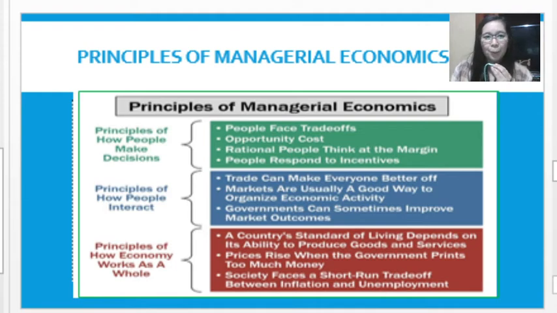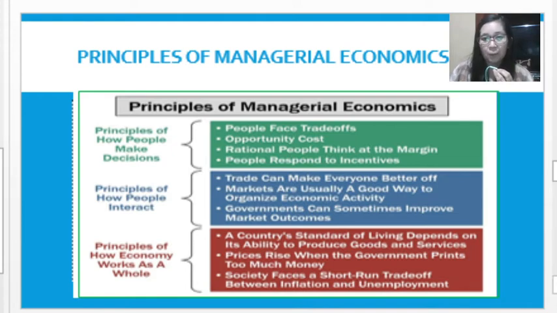For the principles of managerial economics, there are different aspects that we consider. Based on this illustration, we have classified these concepts into three major classifications. First, the principles of how people make decisions.